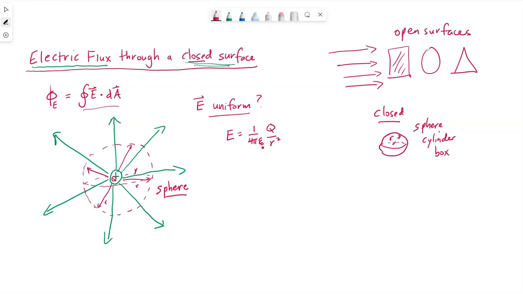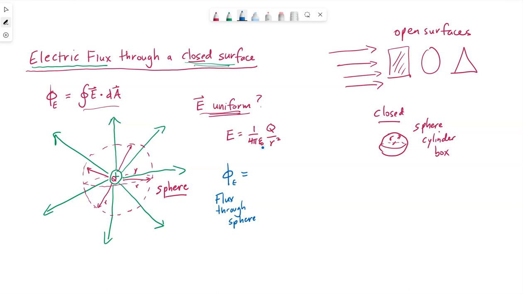So I have chosen a surface to talk about the electric flux through, and the surface I've drawn is such that this electric field is uniform, which means I can say the electric flux through this sphere. So the flux through this sphere I've drawn. This sphere is just something made up by me. It's an imaginary closed surface.